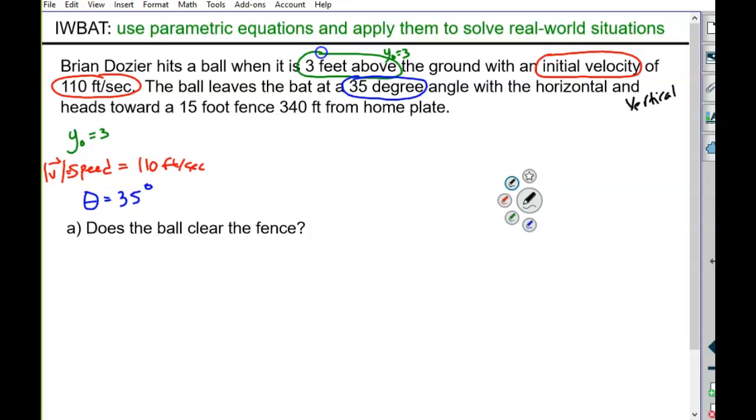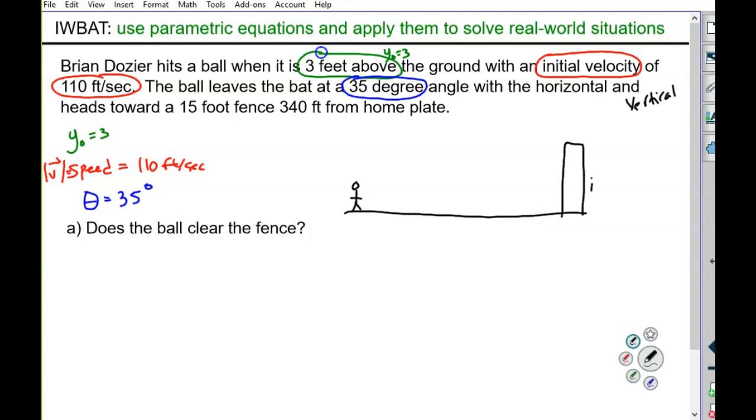So we're going to take that and include that into our picture. So let's draw Brian Dozier. And then we know that we have a fence out here that is 15 feet tall. And I'll just tell you right away, this is definitely not drawn to scale.